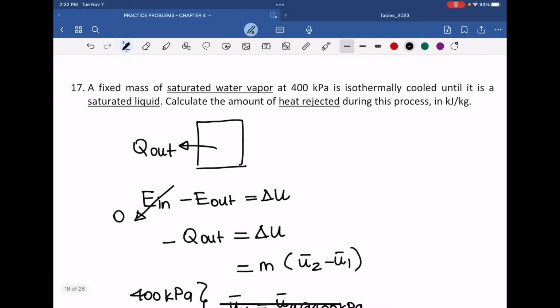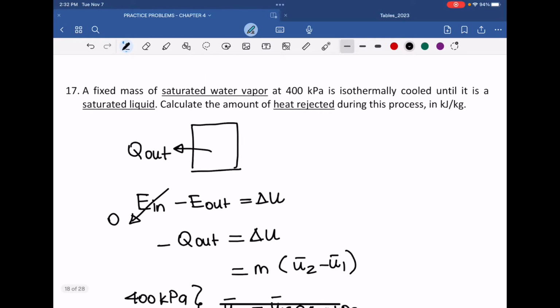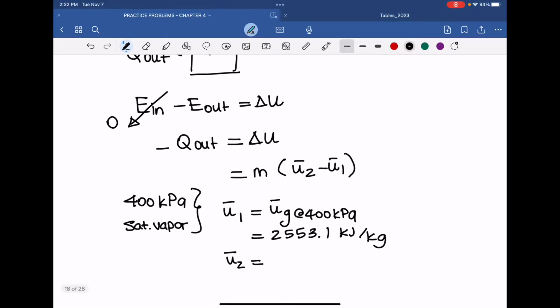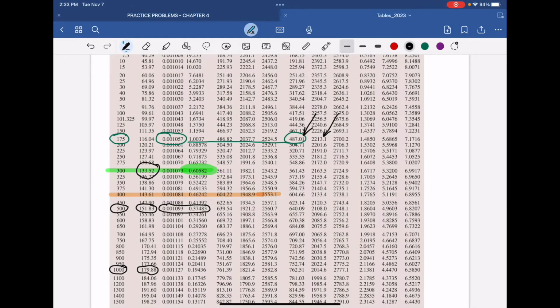For U2 it is a saturated liquid, but it's isothermally. So how are we gonna figure this out? We have saturated liquid, and at that temperature, which must be the saturation temperature, right? The temperature has to be 143.61, and at that temperature you should also be at that pressure for the phase change to happen.